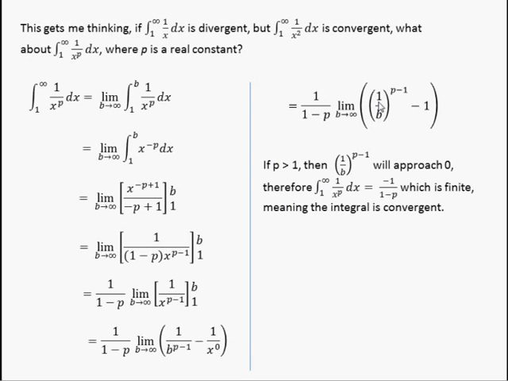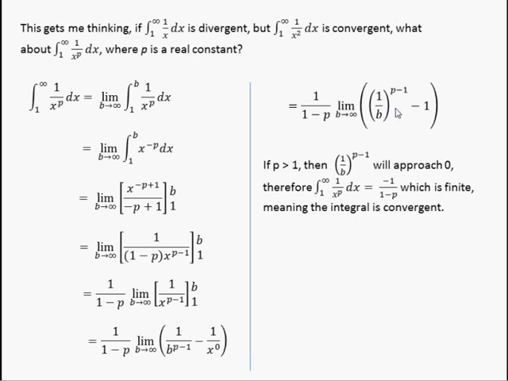If p is greater than 1, then this value here, the 1 over b to the power p minus 1, will approach 0 anyway, because it's going to be 1 over infinity to some kind of positive power.